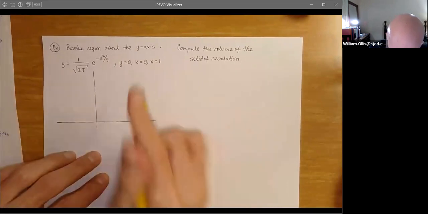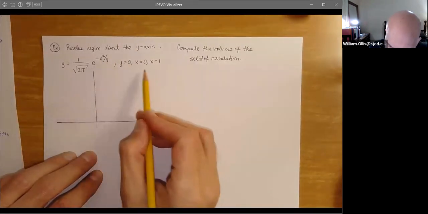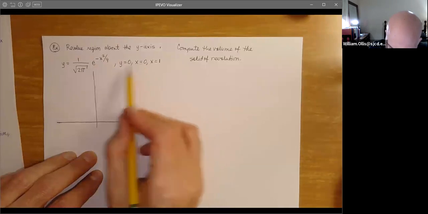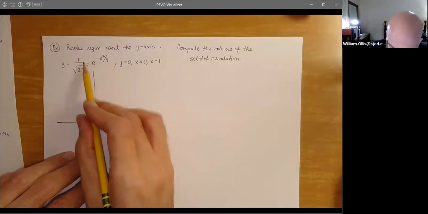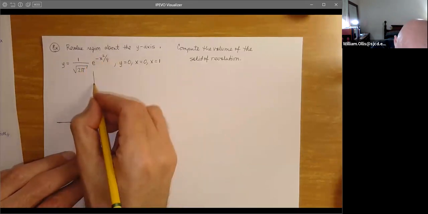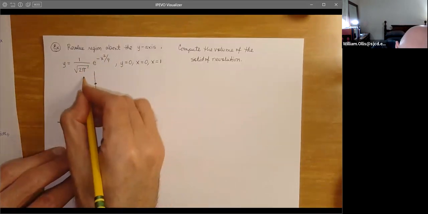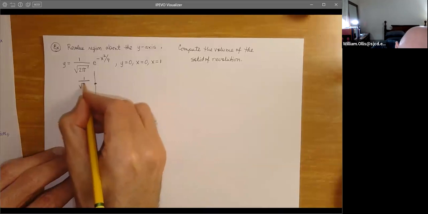Now if we look at this, when x is 0, we just get a 1. So we get 1 over the square root of 2 pi. I'll spread it out so we can see it, even though this number is certainly less than 1. So this is 1 over the square root of 2 pi.